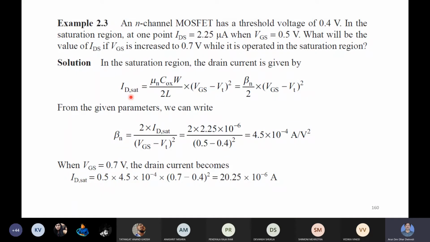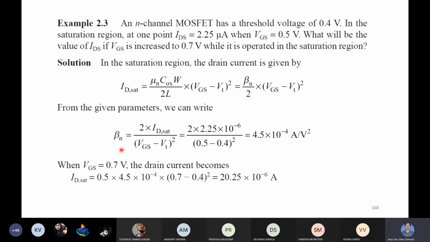ID sat is mu n COX W by 2L times VGS minus VT whole square, and the term mu n COX W by L is defined as beta n in the book. So ID sat equals beta n divided by 2 times VGS minus VT whole square.